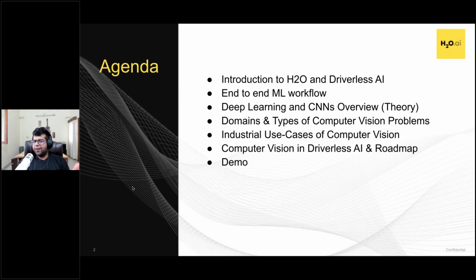Then a little context about different domains under computer vision, different types of problems under computer vision, a few industrial use cases of this field, where is it being applied, if at all, today, and the computer vision tasks that are currently supported inside of Driverless AI 1.9, which we had just released a few days ago.